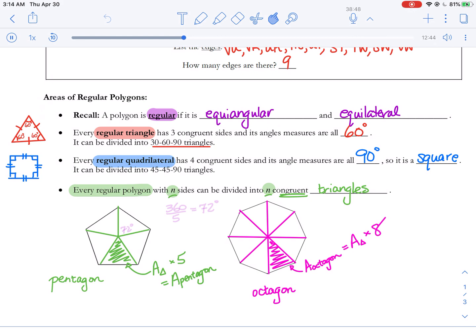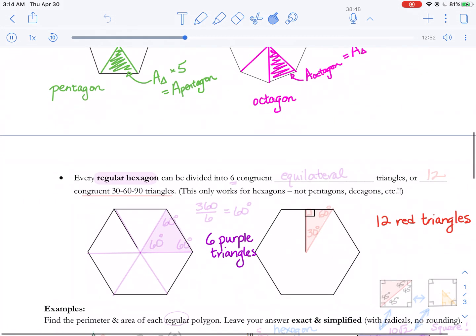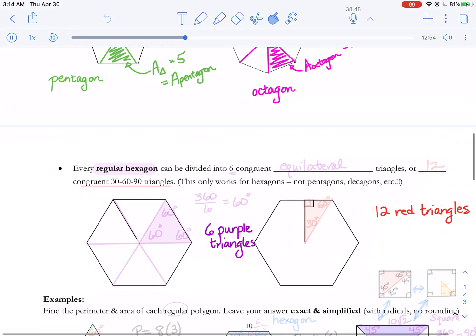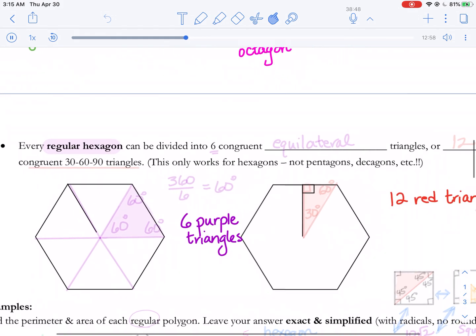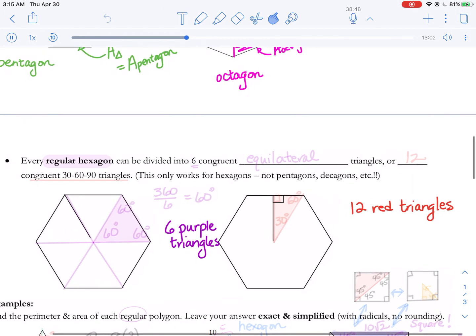They're similar to the pentagons and the octagons, but they're special because when you draw in a regular hexagon, when you draw in these triangles, oh, my picture is not very good because my segment was not quite long enough. It should have, here, you know what? I'm just going to stretch this out a little bit.